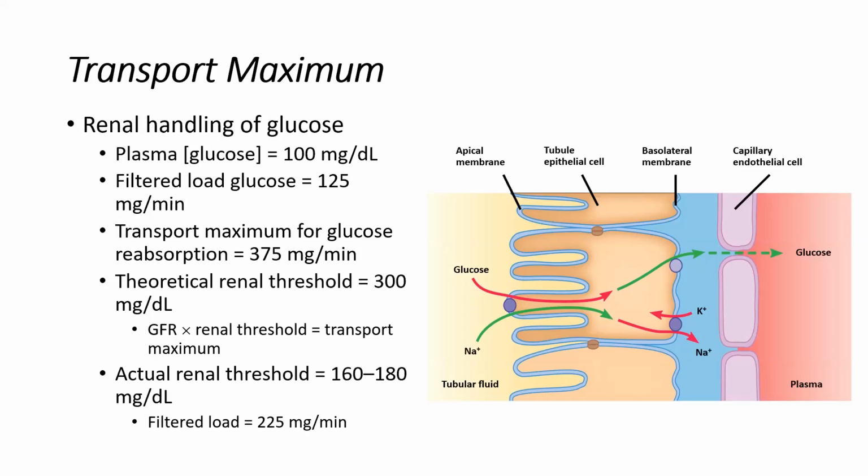Now, if we calculate the filtered load based upon that actual renal threshold, we see that the filtered load is closer to 225 milligrams per minute, okay? Now, what I want you to take away from all of this is the difference between the renal threshold and the transport maximum.